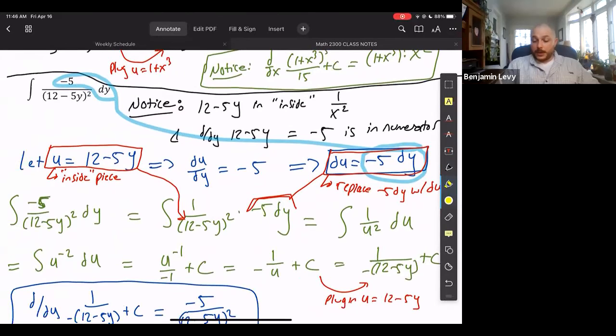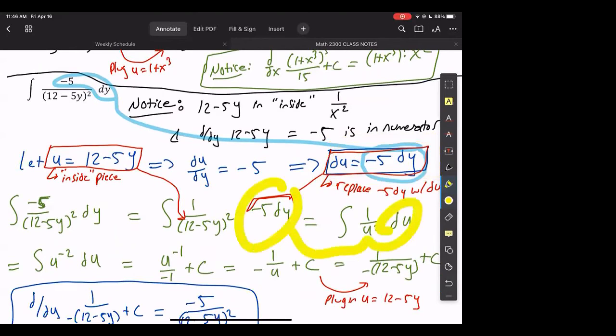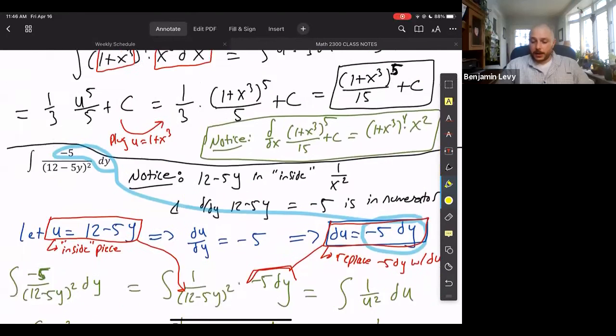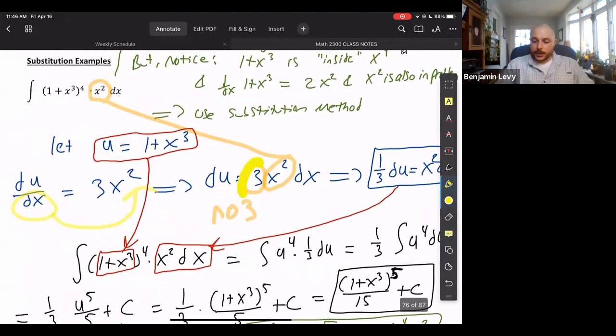And so what we did is we just took this thing right out and replaced it with du, because this literally says du is the same thing as -5 dy. That's what equals means. And so we could just take that right out and plug it right in, right? In the other one, we didn't have that luxury. We couldn't just replace the 3 because the 3 wasn't in the problem. And so instead, it had to move over to the other side, and then it's part of the du side.